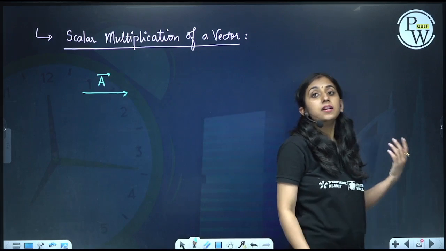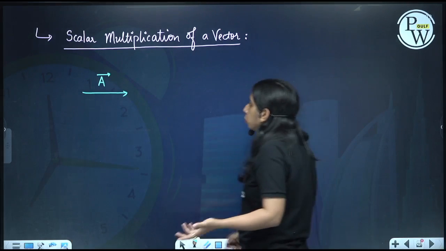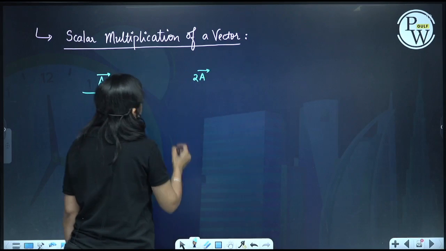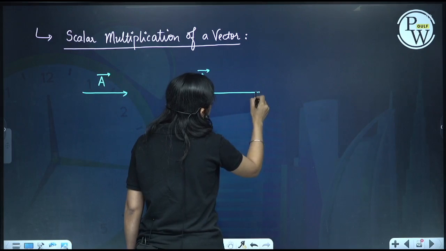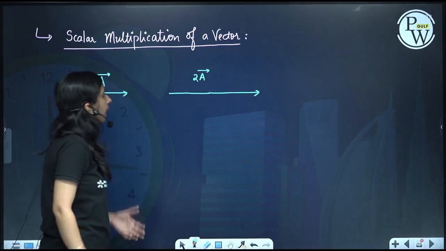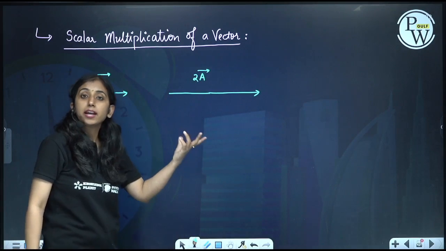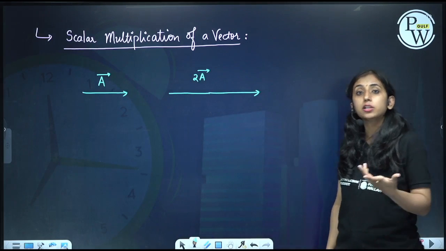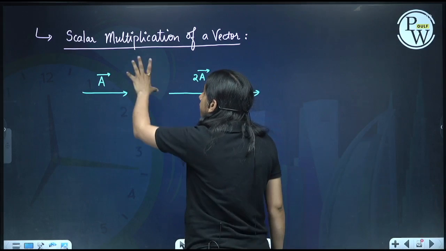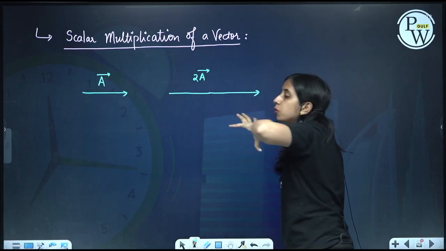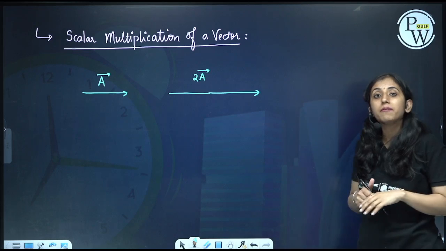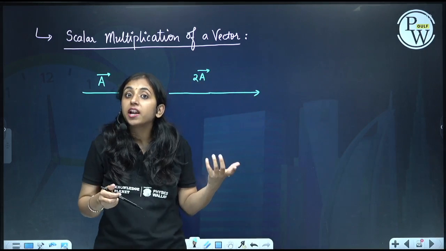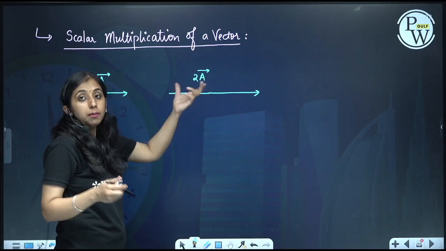Now I have multiplied a with 2, so I want to define 2a vector. 2a vector means its magnitude will become double, but direction will remain the same. So 2a vector will be in the same direction but different magnitude. Magnitude has become 2 times.